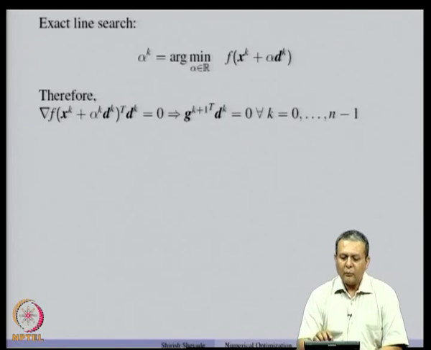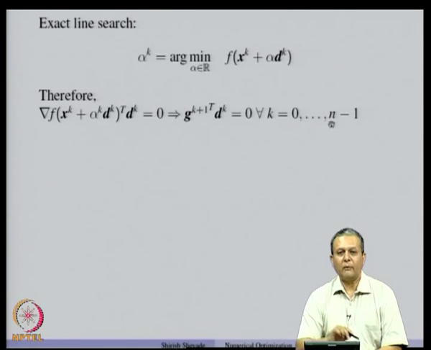The important point to remember is that the gradient at the new point, g k plus 1, is orthogonal to the previous direction d k, and this is true for all k going from 0 to n minus 1. In addition, g k plus 1 transpose d j is equal to 0 for all j going from 0 to k minus 1.